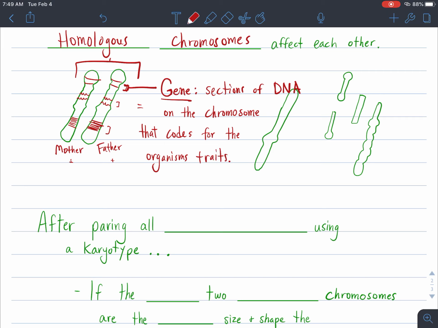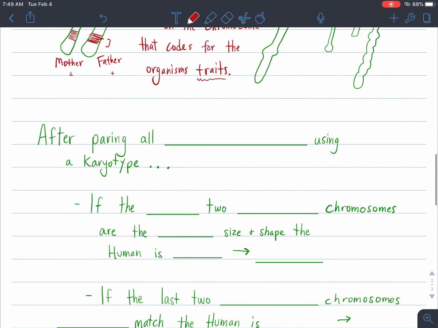All right, so a gene is that section of DNA on the chromosome that has the code, the instructions that gives us, or any organism, their traits.